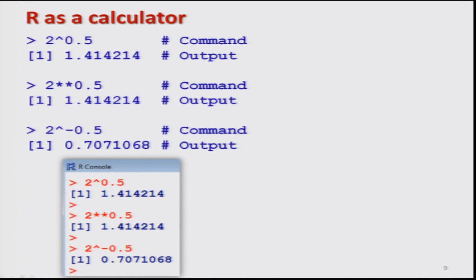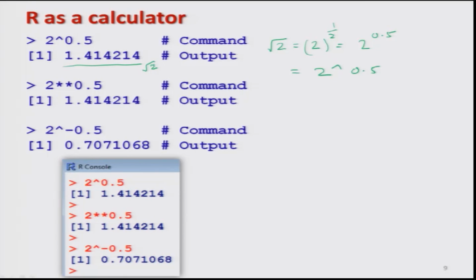Similarly, if you want to find the square root, it is 2 raised to the power of 1 by 2, which is equal to 2 raised to the power of 0.5. For example, when I write 2 hat 0.5, you can see I am getting the value of square root of 2.